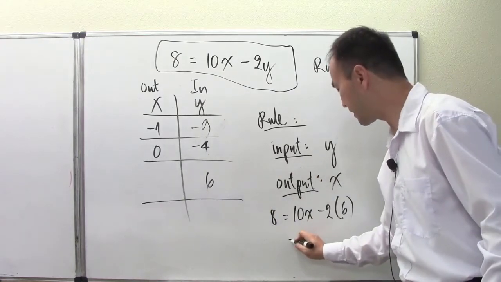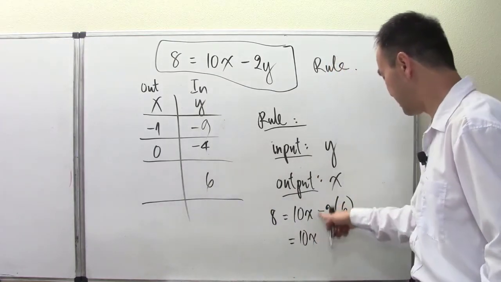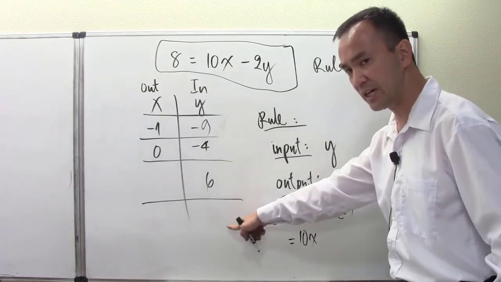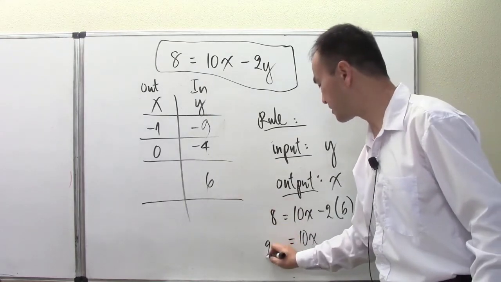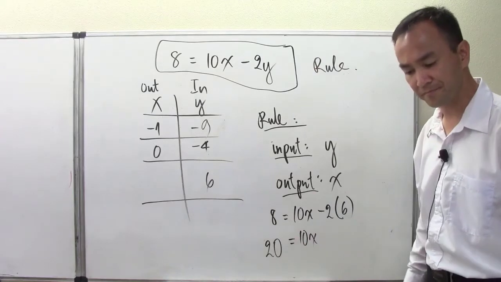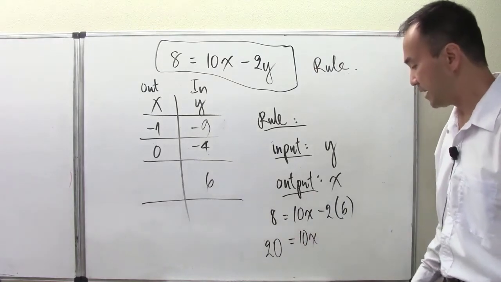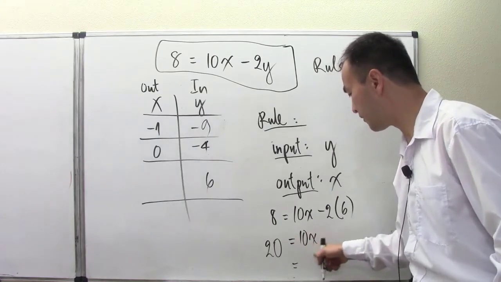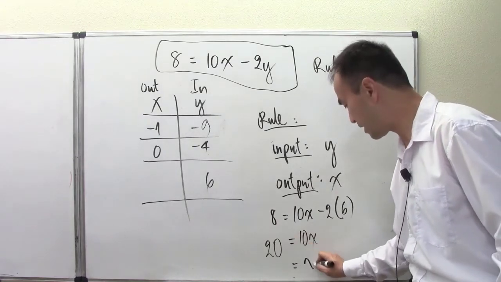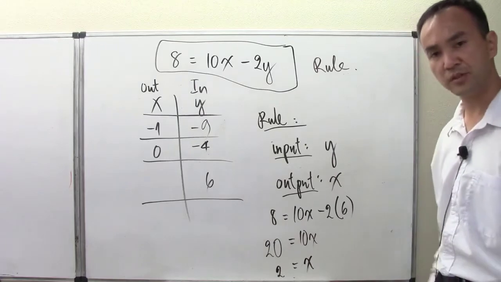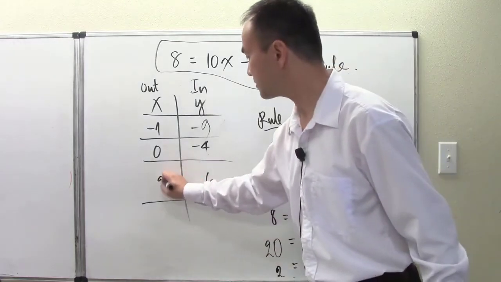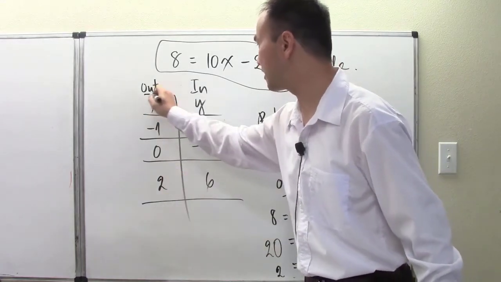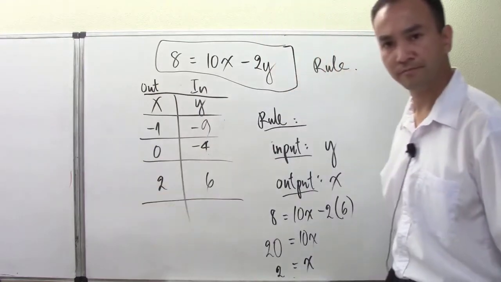So there's 10x, and the minus 12 added to the other side together with the 8, I'm looking at 20. And so now solving this equation for x, we know enough skill that we just divide both sides by 10. And that gives me 2. So x equals 2. So the output here correspondingly has to be 2.